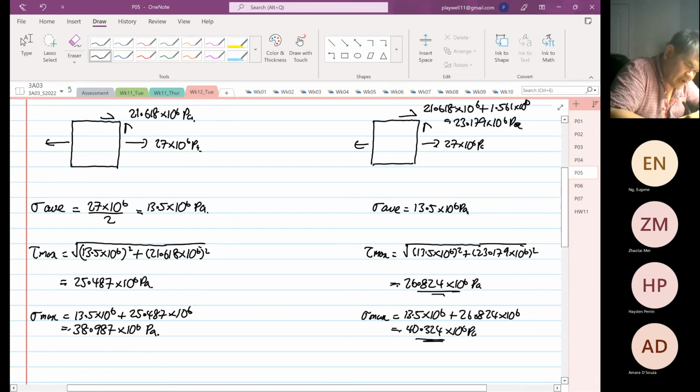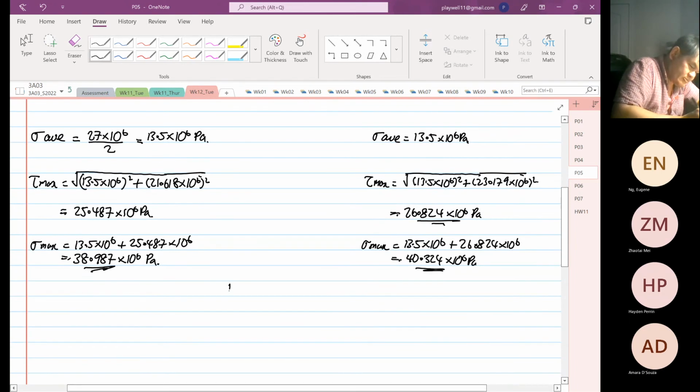So we can see there is some difference. The difference is equal to 40.324 times 10 to the power 6 minus 38.987 times 10 to the power 6.